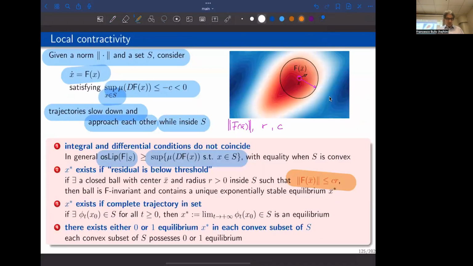So this residual being sufficiently small is a sufficient condition for the existence of a fixed point. I still don't know where the fixed point is, but I do know that if I can sample the space and I find a point where I move slowly and I can draw the ball and I'm inside the region and the residual is less than c times r, I know there is an equilibrium point in there.